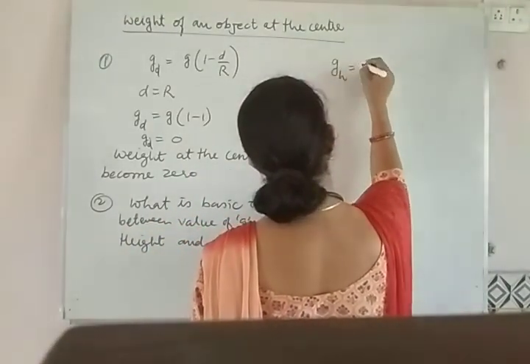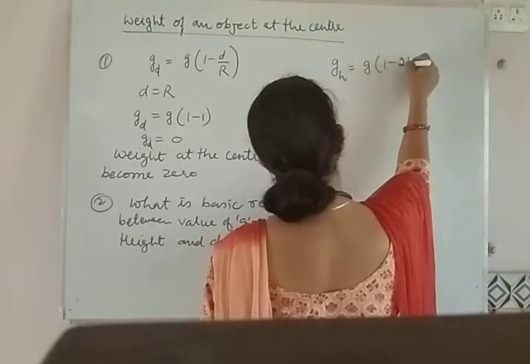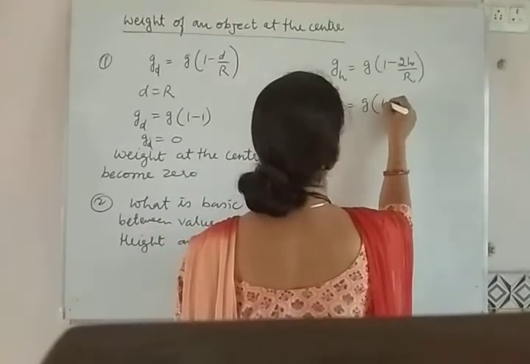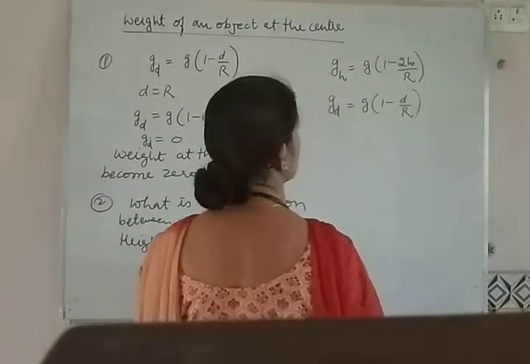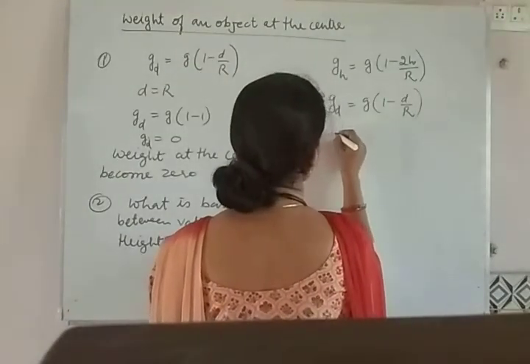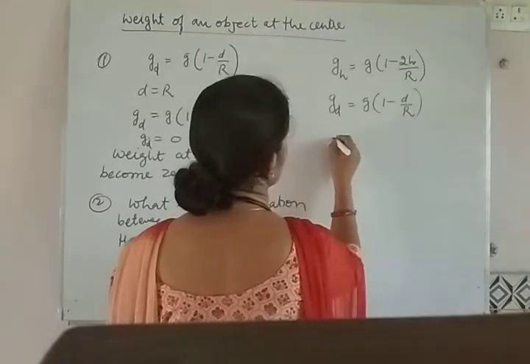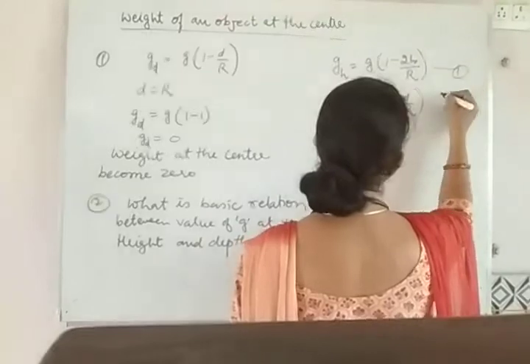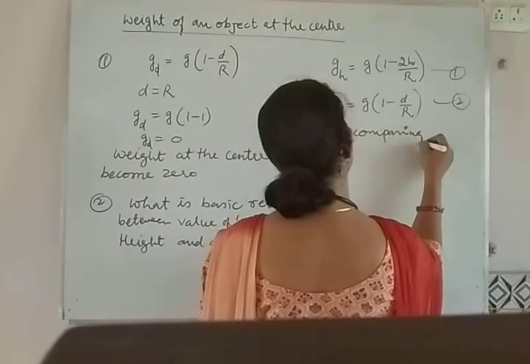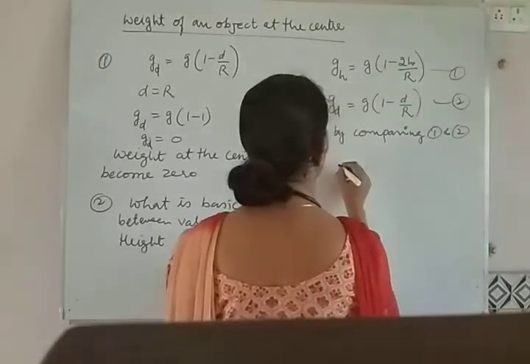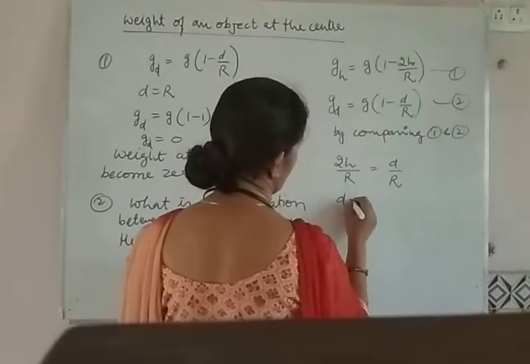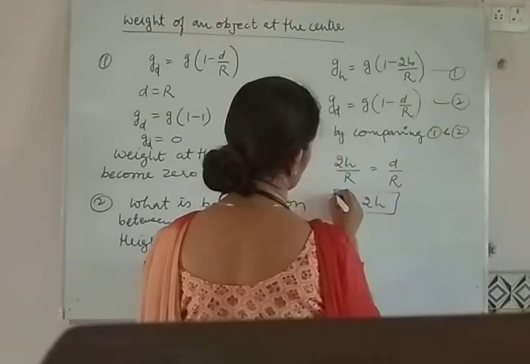G at height is g into 1 minus 2h by r, and g at depth is g into 1 minus d by r. So these two values should be equal, and from here you can have the relation. If you compare relation 1 and 2, you will have 2h by r is equal to d by r. It means d is equal to 2h.